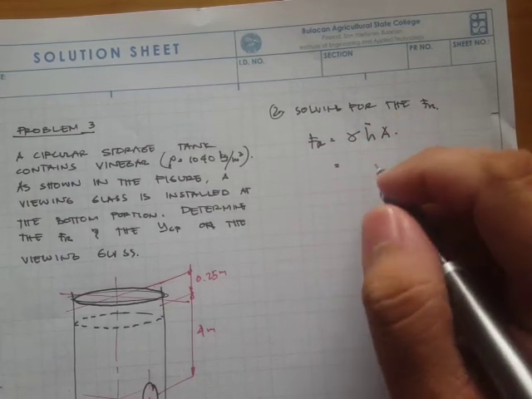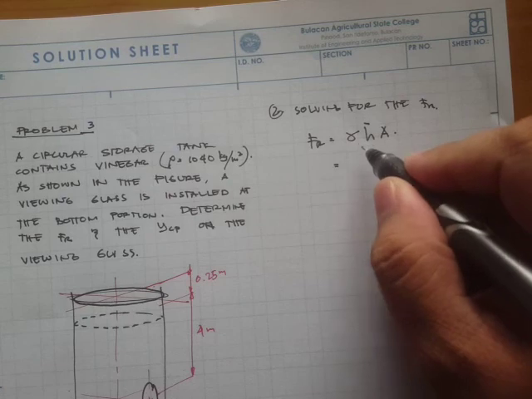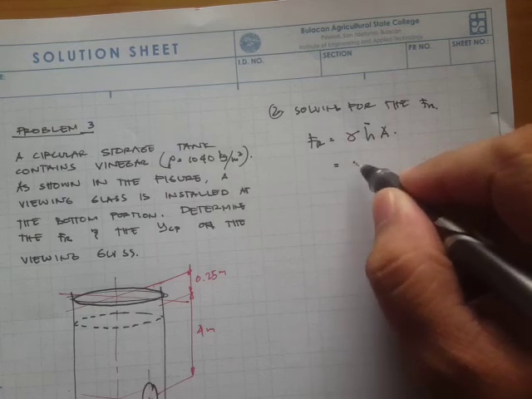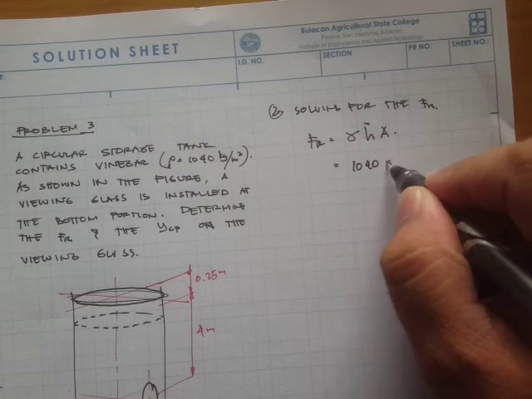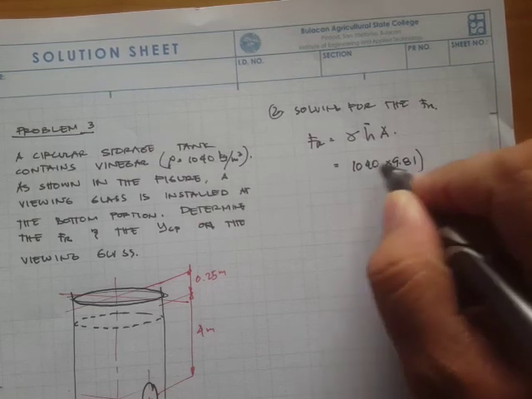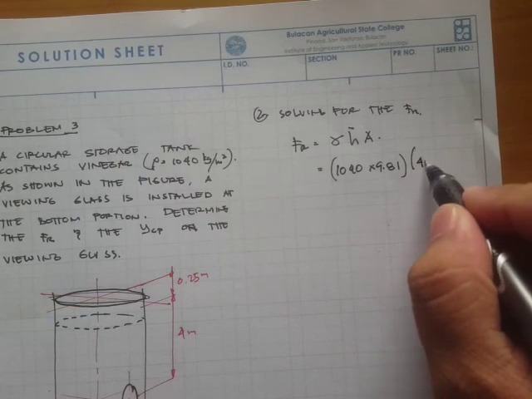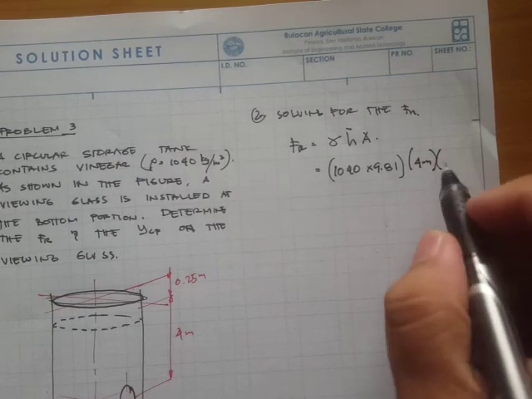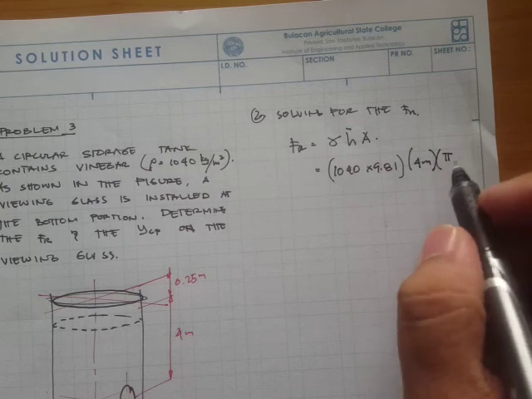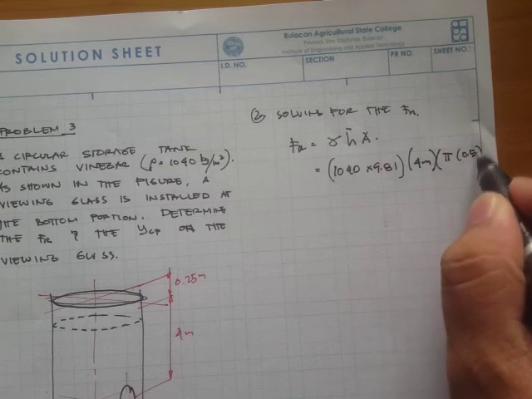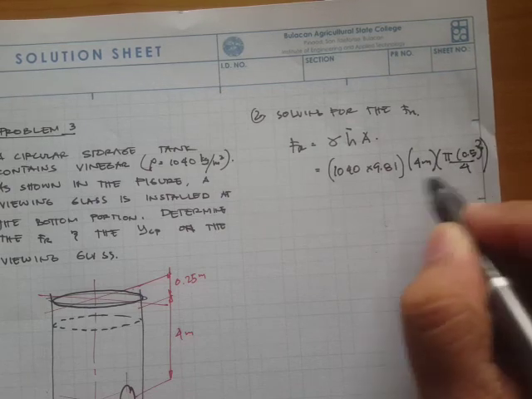So we have the mass density of 1040 times 9.81, that becomes Newton per meter cube, times the height of 4 meters, then the area of pi d squared, which is 0.5 squared all over 4.